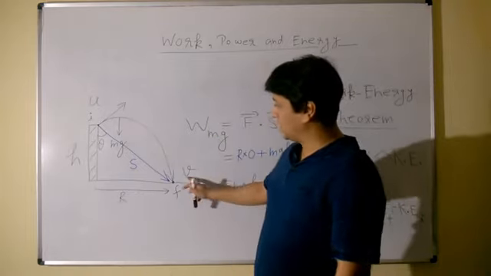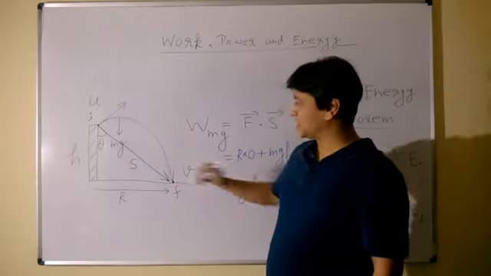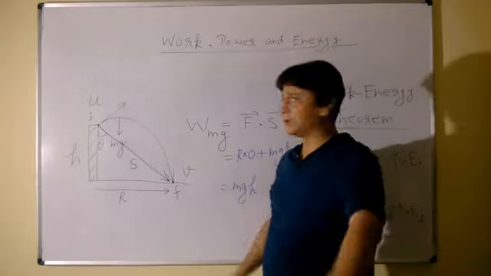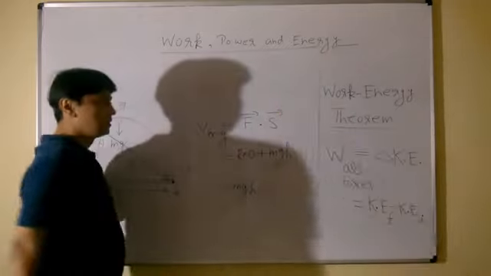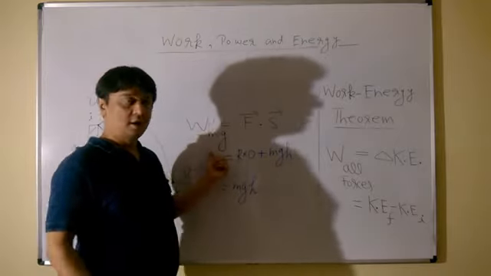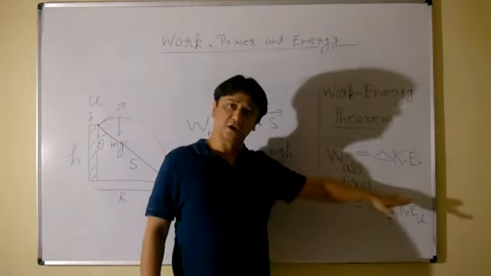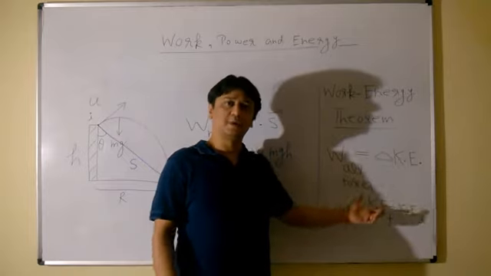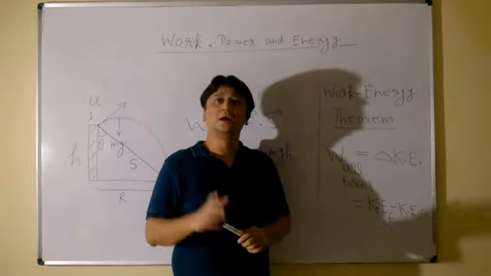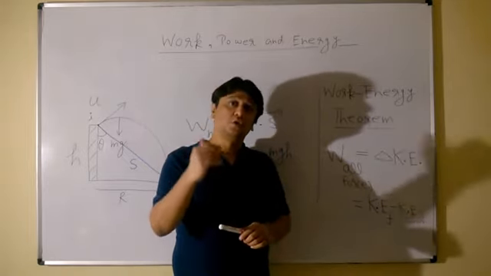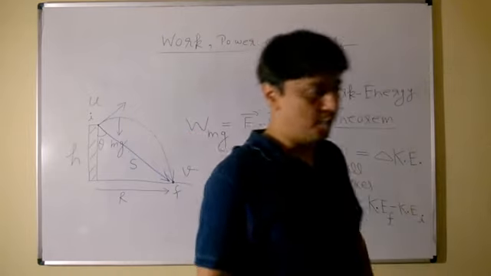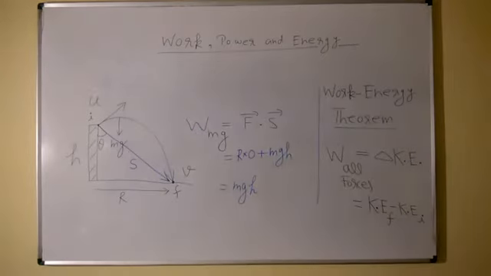To find out V when this object hits the ground using concept of work and this work energy theorem. It's a very simple statement. जितना आपने वर्क किया वो क्या करेगा? सिस्टम की जो काइनेटिक एनर्जी है, and I hope everybody knows what kinetic energy is, half m velocity square.